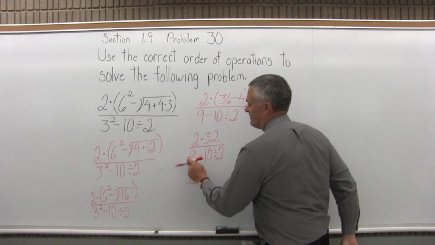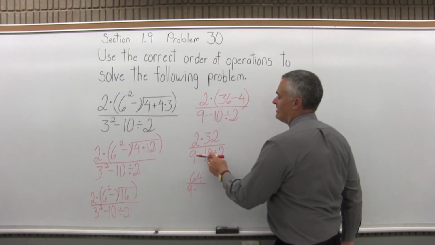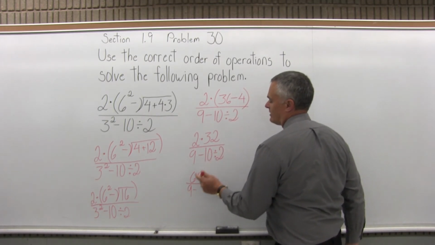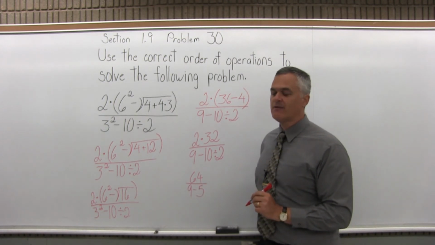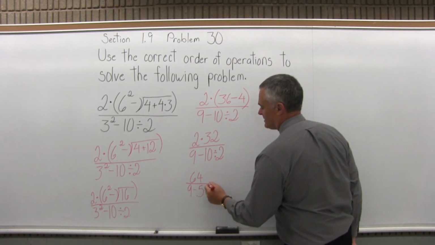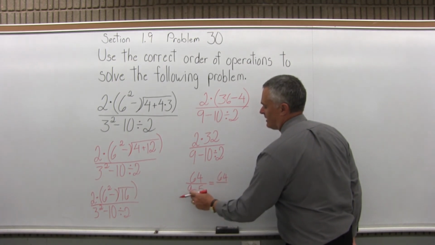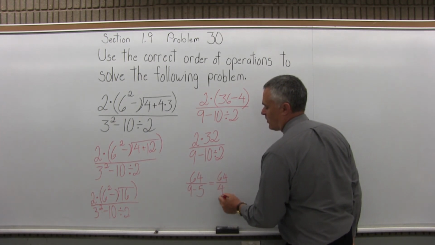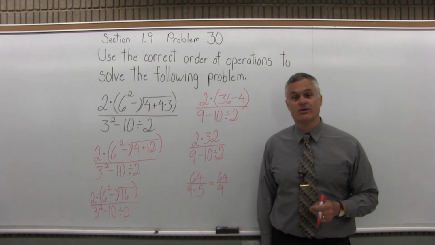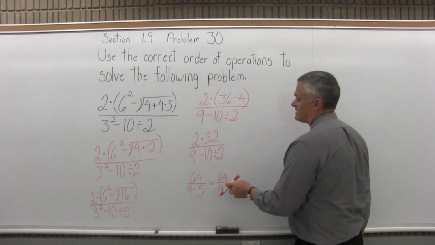So I'll leave the 9 for now, but 10 divided by 2 I can do as a 5. That 10 divided by 2 gets turned into a 5, and now I'll have 64 for the upper portion. Underneath 9 minus 5 is 4. So this whole thing boils down to 64 divided by 4.